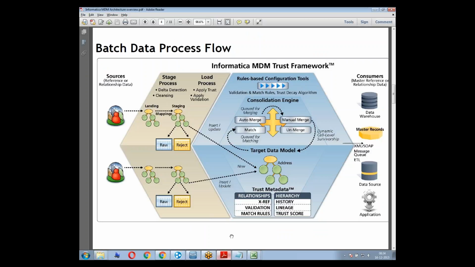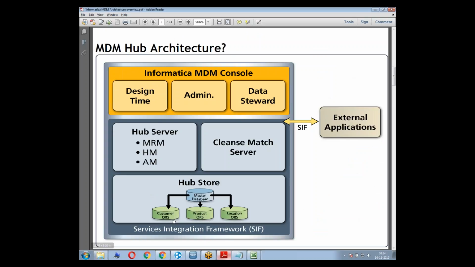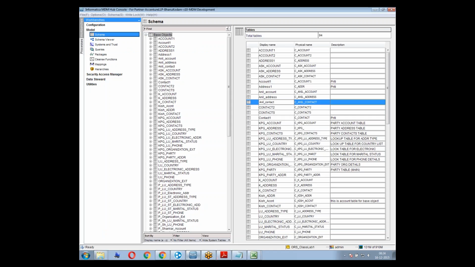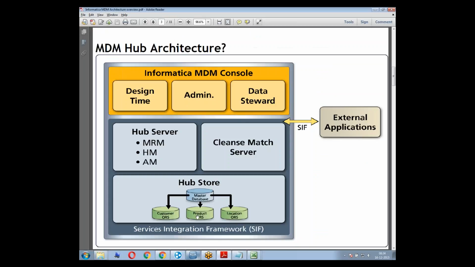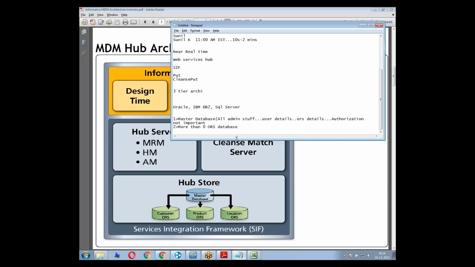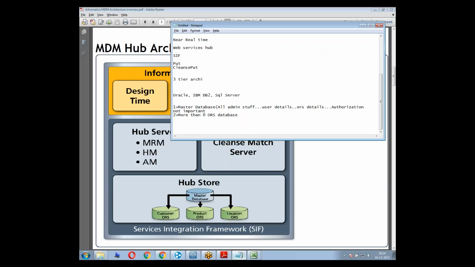Now let's try to understand why there is a concept of multiple ORSs. First of all, normally in a live project environment, you are not going to have more than one ORS.